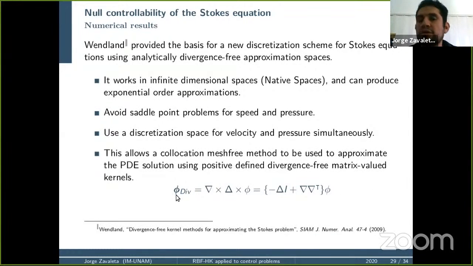And for the pressure, they are using a scalar radial basis function to approximate the pressure. So you get the pressure after the computation of the velocity field? At the same time. At the same time.